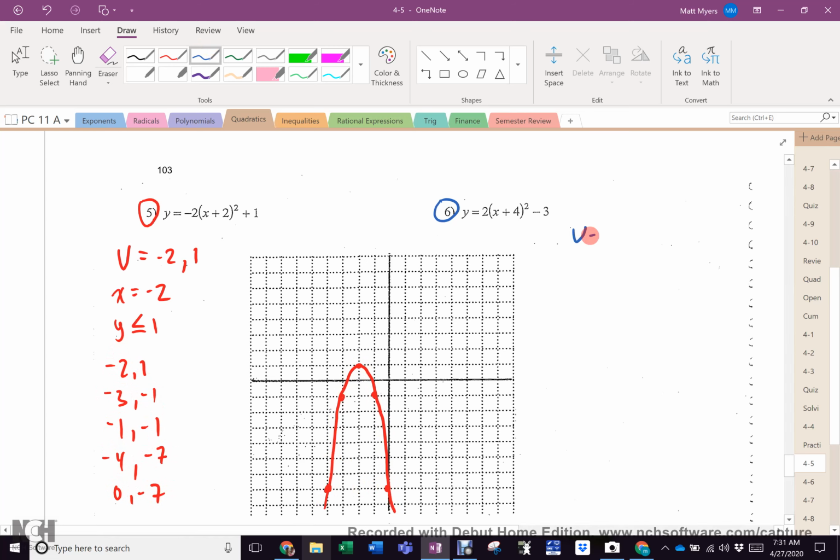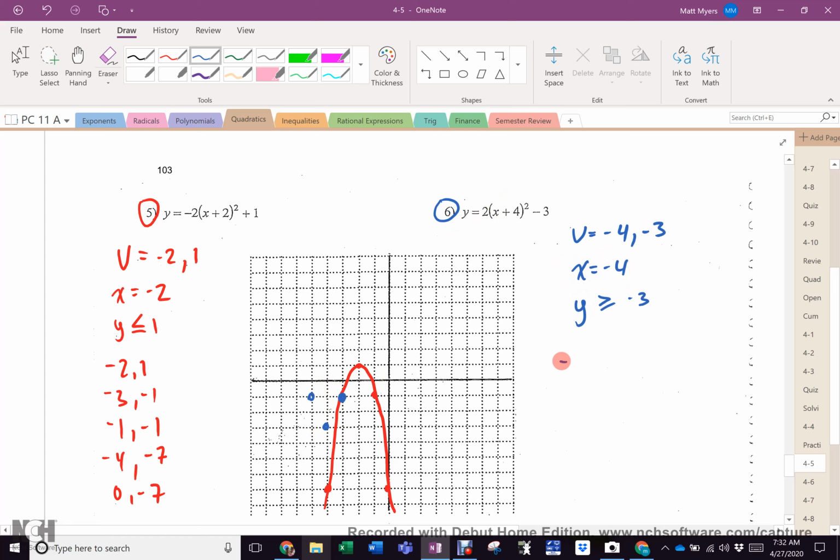Over here, vertex equals -4, -3, x equals -4, y, this is a minimum, so it has to be greater than or equal to -3. There's my vertex. Over 1 up 2, over 1 up 2.